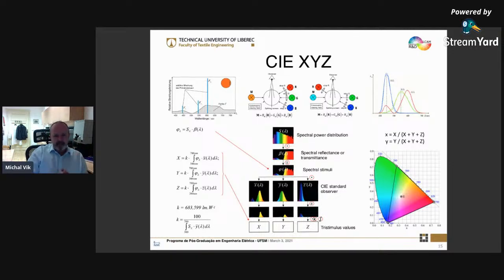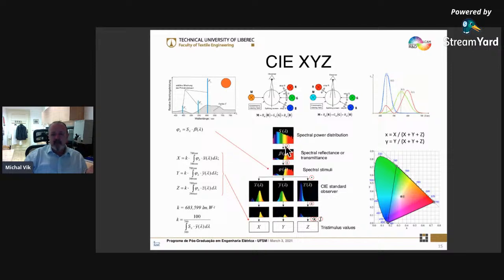The same principle, generally metameric colors, is used inside the CIE XYZ system. That means these equations, which you probably know, show that XYZ light is in fact equal to the stimuli reflected from or transmitted by the object.